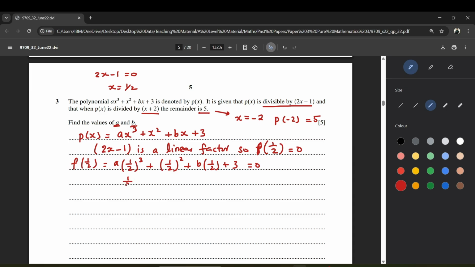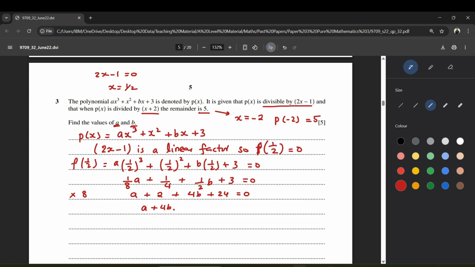So this will be 1 over 8a plus 1 over 4 plus 1 over 2b plus 3 equals 0. If I need to get rid of the fractions, I can multiply both sides by 8. So I would be left with a plus 2 plus 4b plus 24 equals 0.